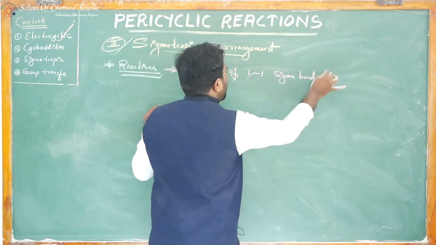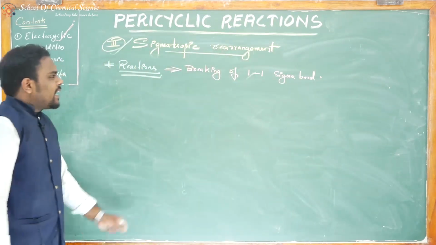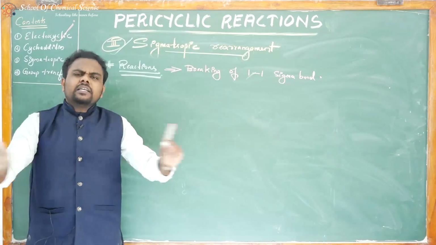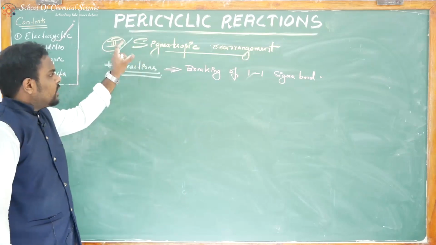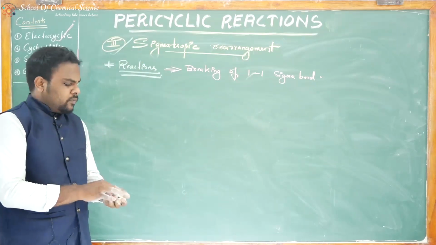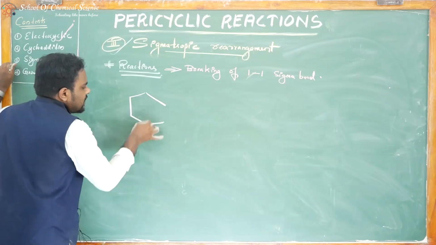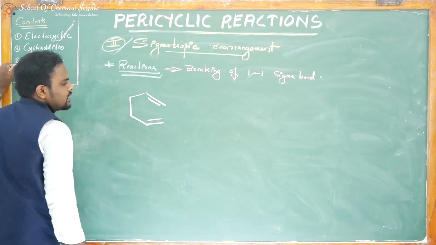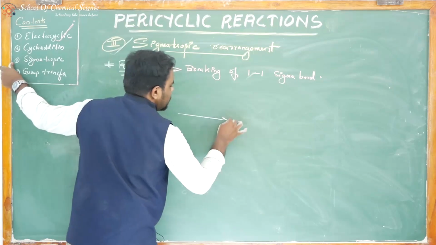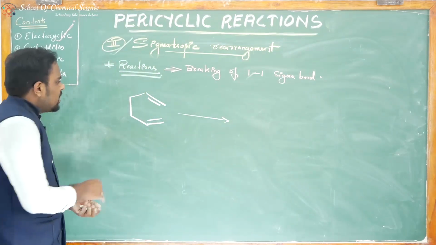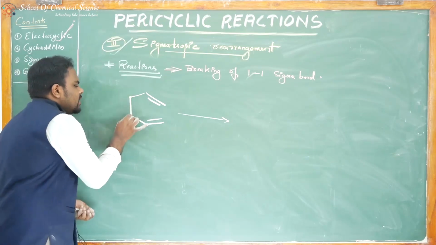That is the important thing. Breaking of one sigma bond. That is simply a sigmatropic reaction. For example, consider a typical system that shows sigmatropic reaction, because here an allylic carbon is present.